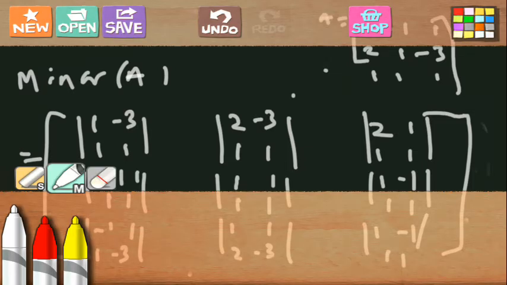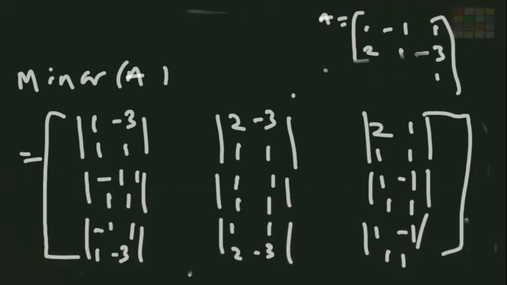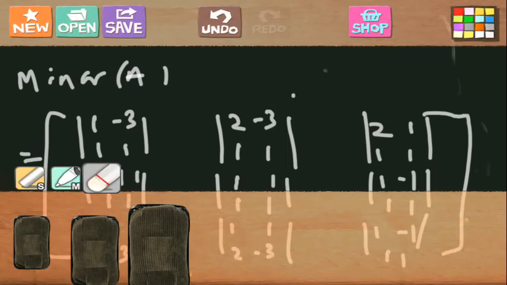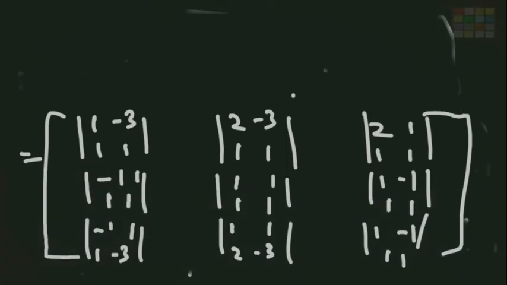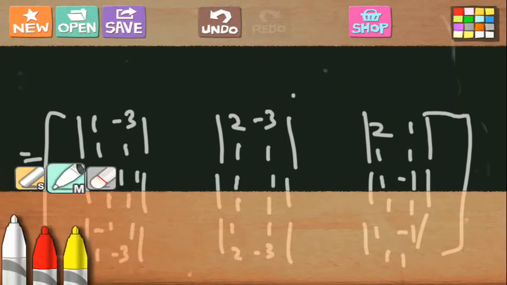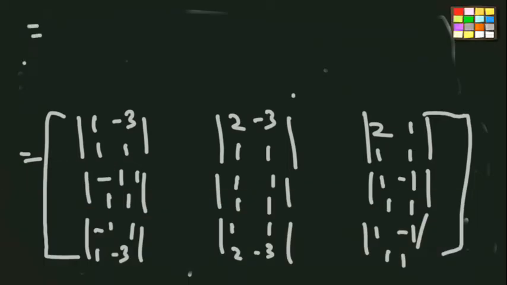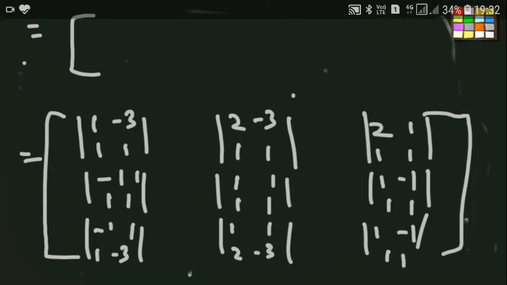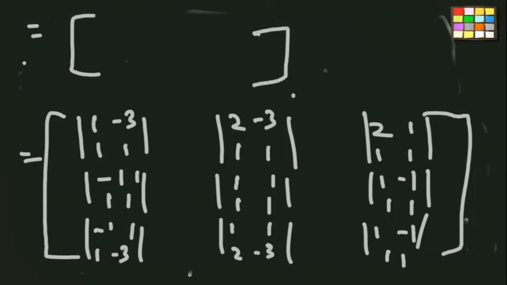Write all the values. Therefore I am not erasing this one. Please see, which is equal to, this is, I am writing the minor. Then you write all the elements.